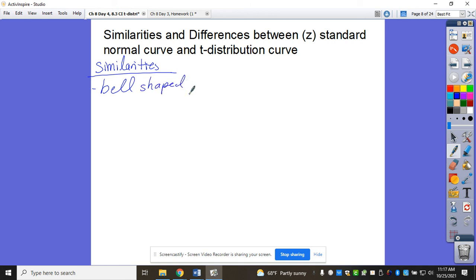You could say unimodal, but I think bell-shaped is just a more descriptive way to say unimodal. What did we talk about with area under the curve? They are both density curves, so they apply to probability, which means the area under the whole curve is 1.